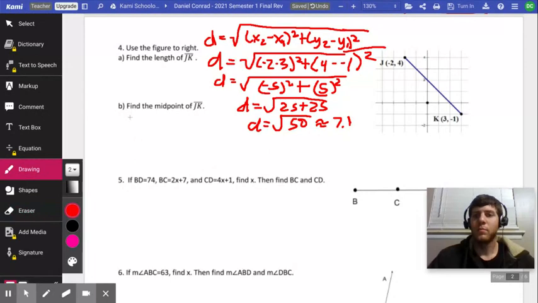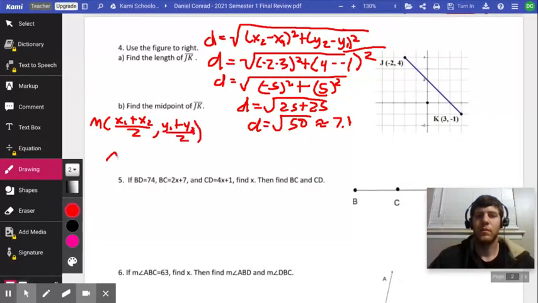Okay, midpoint here, we're taking the average of our 2 points. So again, x1 plus x2 over 2, and then y1 plus y2 over 2. So your two x values are -2 and 3. So -2 plus 3 over 2. It's going to be a half.